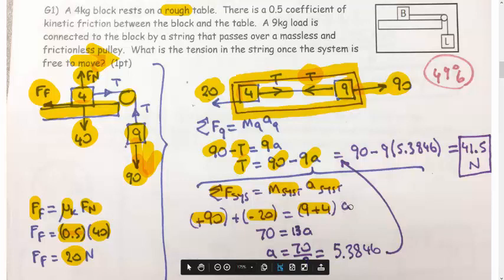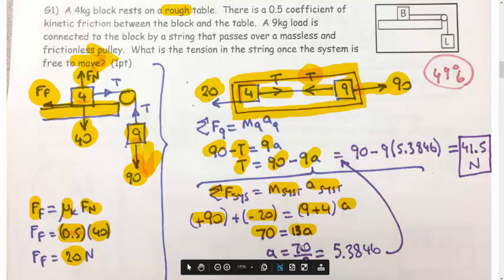I like to write the 9 plus 4 down to tell myself that I did add the two of them together when I check my work. Rather than just saying 13, I'm going to put down 9 plus 4. So I'm doing math. I say 90 minus 20 is 70, and 9 plus 4 is 13.